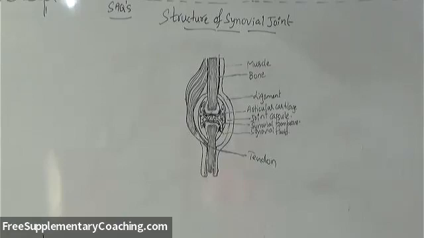Very important diagram. In this supplementary exam also, you can expect one 4-mark question as a diagram, either structure of tooth or pelvic girdle or synovial joint. You may get any diagram, or a skeletal muscle, which they rarely give. Whatever we have discussed till now, all these are very important SAQs.